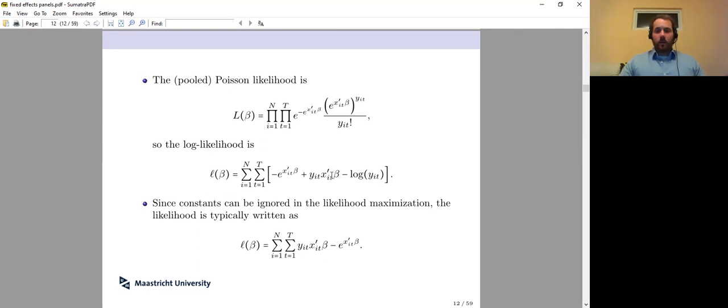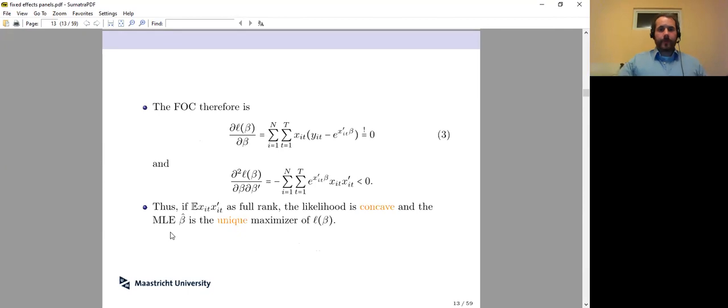Now we take logs, and this is what we get. This part here does not depend on beta, so we can ignore it. It doesn't play any role in the maximization. So the log likelihood is typically written like this. We simply ignore parts that don't play a role for maximization.